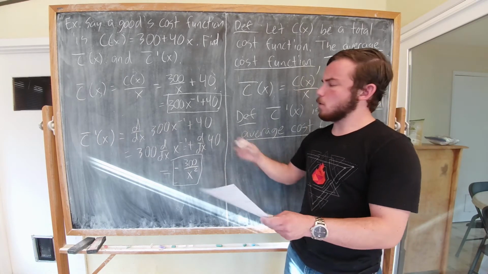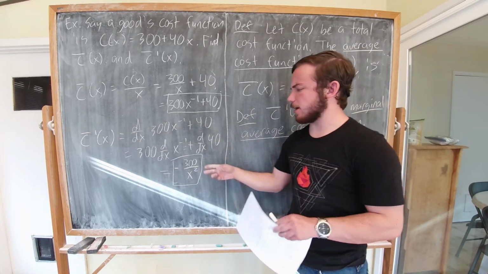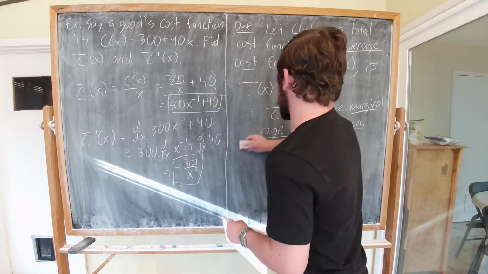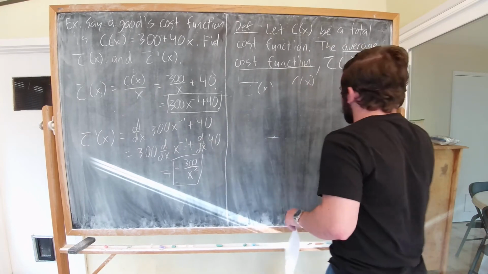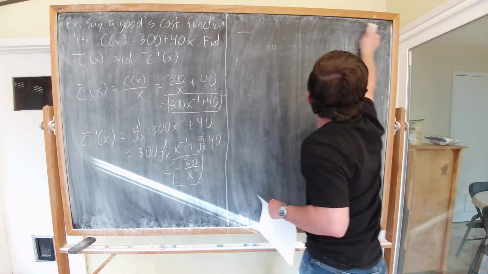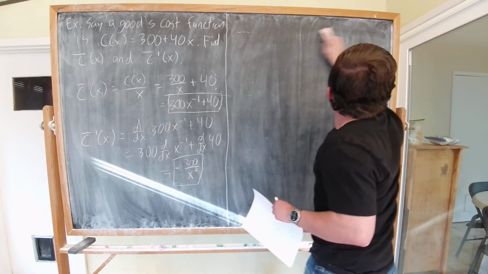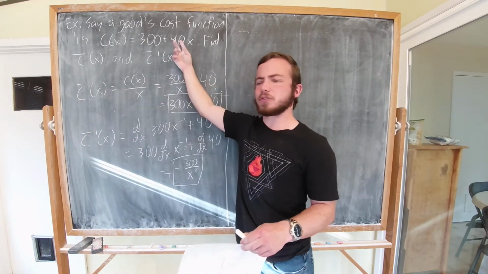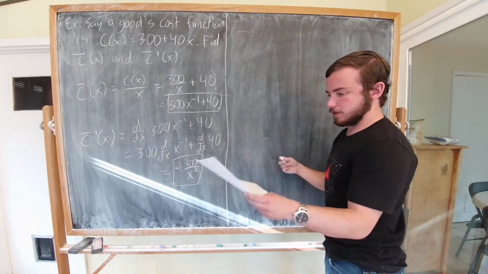Alright, so why do we care about these two things? What do those two results tell us other than the definition? Well, let's make a couple quick observations about those functions that tell us useful information about this good.